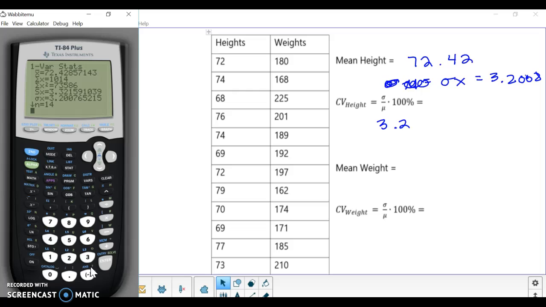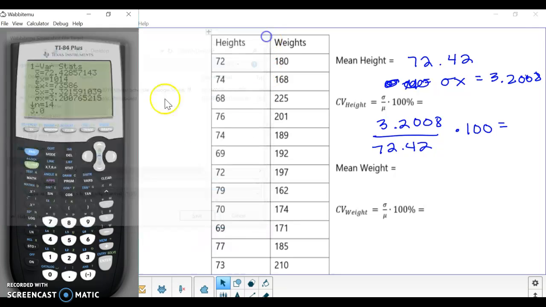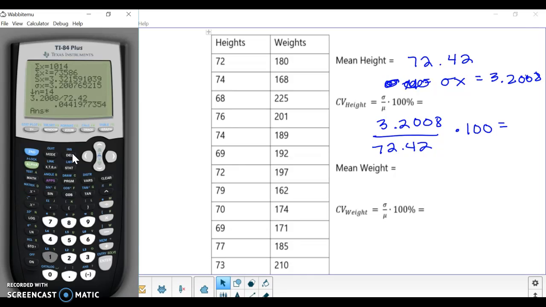So we had 3.2008 divided by 72.42, and then multiplied by 100 to get it as a percentage. So our height has a coefficient of variation of about 4.4%.